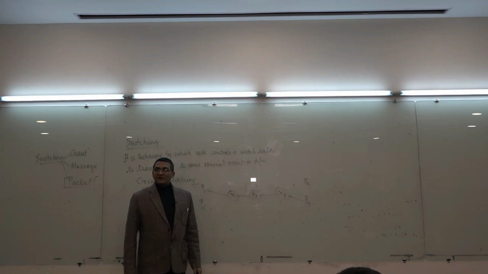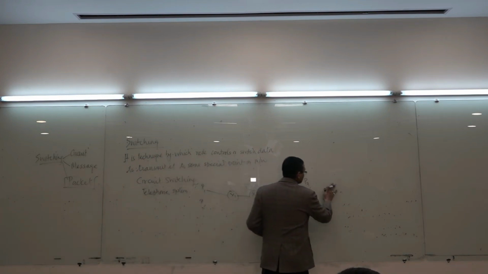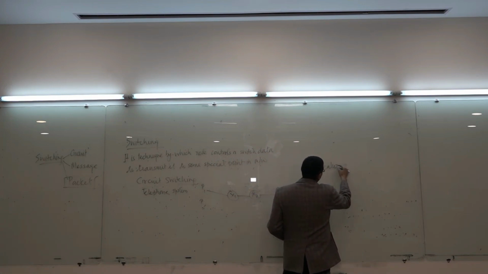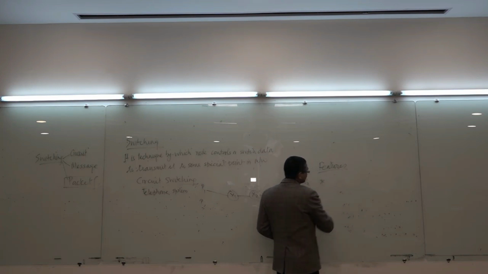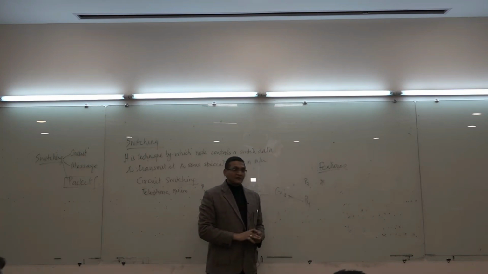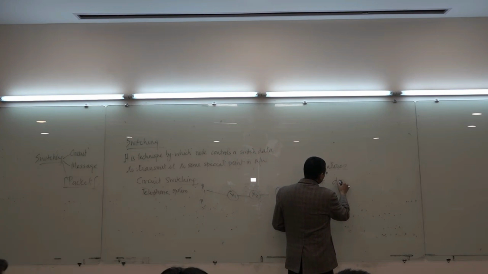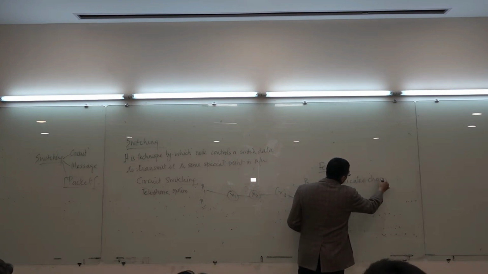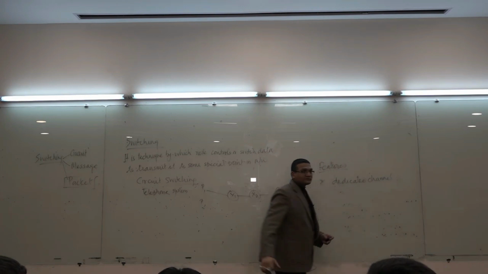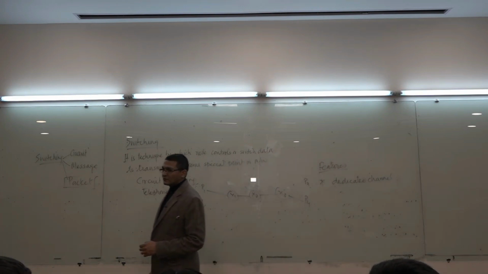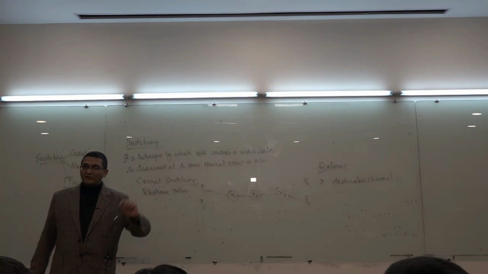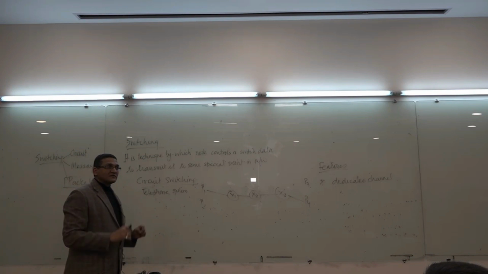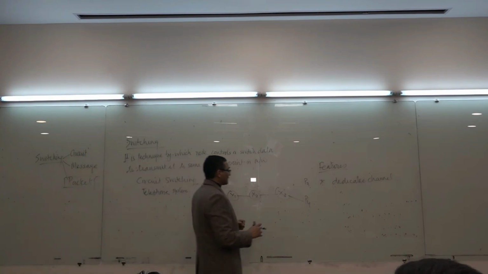So what are the advantages and disadvantages? If you look at the features of this type of communication, in circuit switching we have noted there is a dedicated channel. There is a dedicated interface which is only provided to the two parties involved in communication.